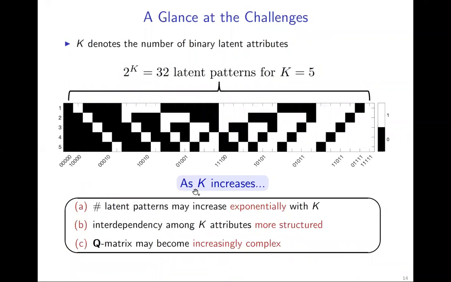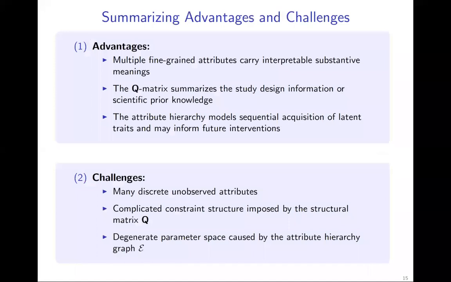Then as K increases, the number of all the possible latent patterns may increase exponentially with K. And the interdependency, for example, the attribute hierarchy graph among the K attributes, can become more structured. Also, the Q matrix, which summarizes the study design information, can become increasingly complex as well.